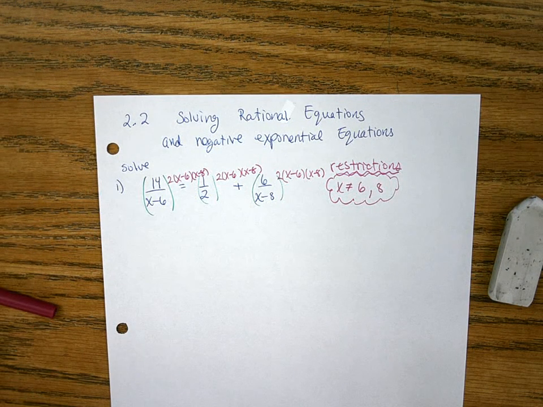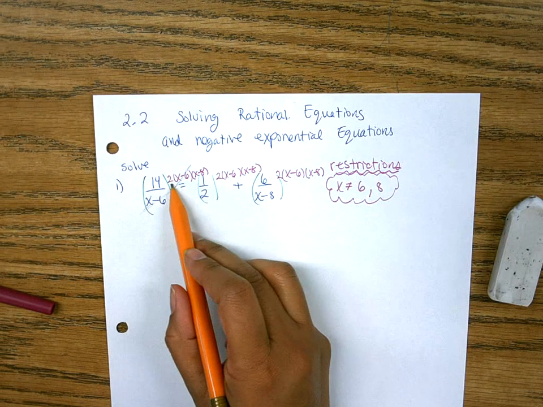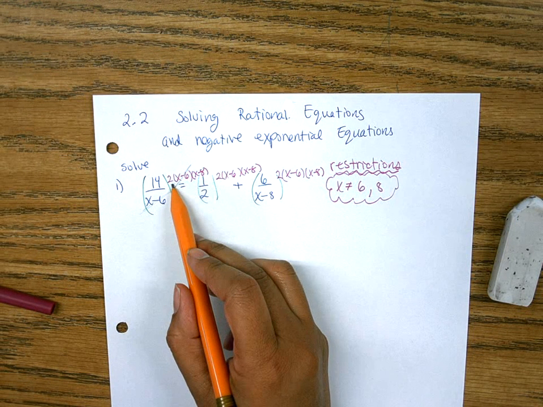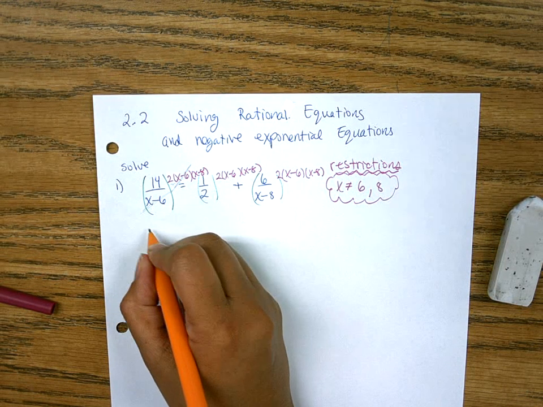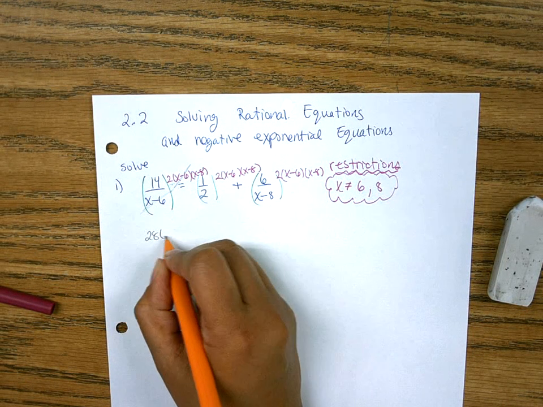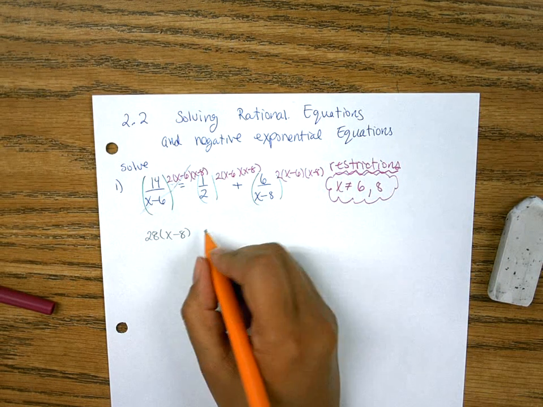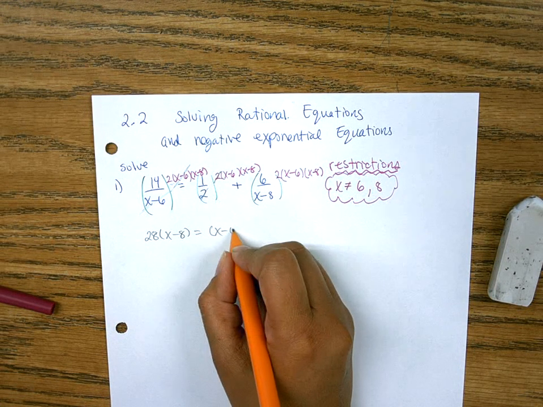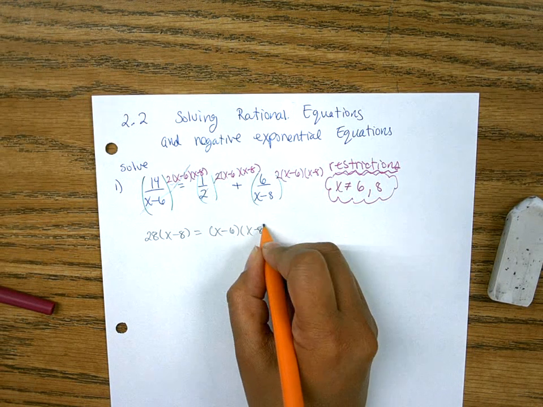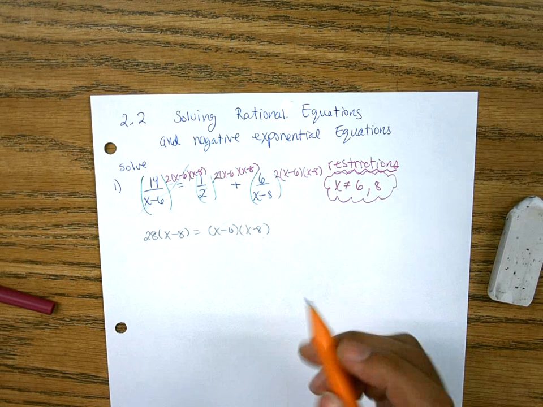All right, I am going to go through and reduce. The x minus 6's I can see are going to cross off. That leaves me with the 14 times 2 on the outside. I'm going to address that first. 14 times 2 is 28. Parentheses, the x minus 8 that is left. I'll distribute that later. Equals 1/2 crosses out, leaving me with x minus 6 times x minus 8.